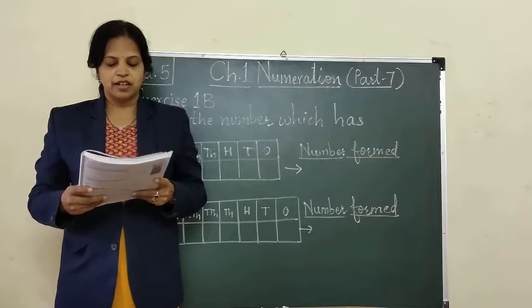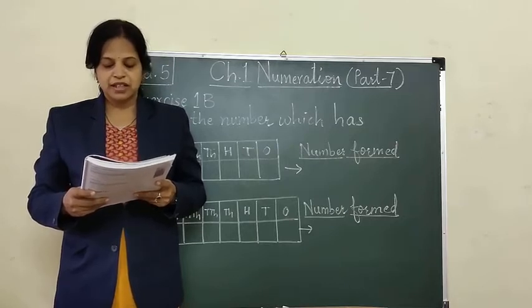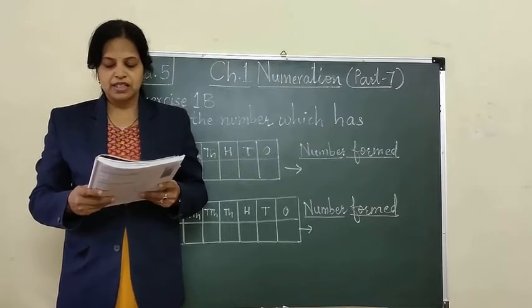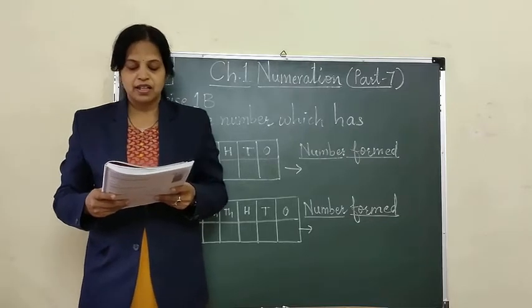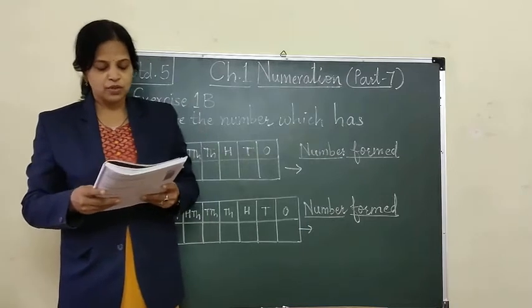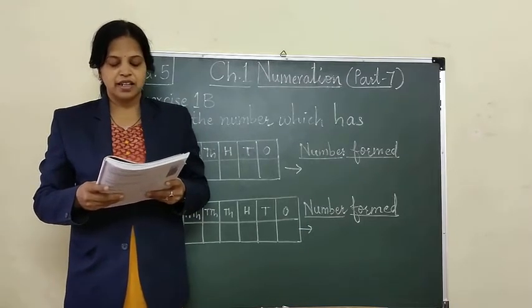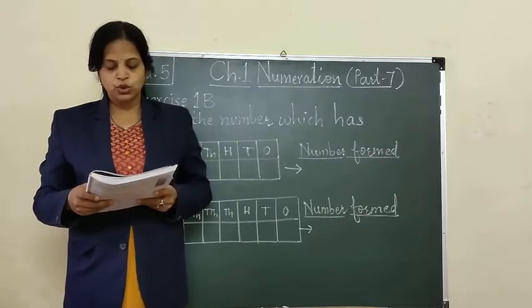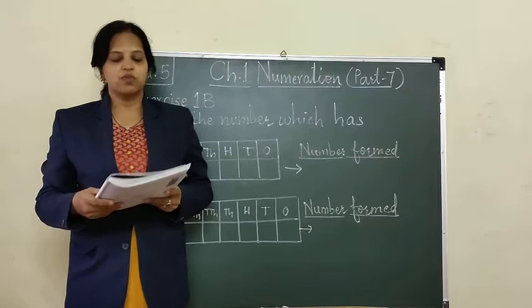See, 4 is in hundreds place, 3 in tens place, 0 in ones place, 7 in thousands place, 5 in lakhs place, 0 in 10,000s place and 6 in 10 lakhs place. Now if you observe carefully, you will come to know the last place is ones place.